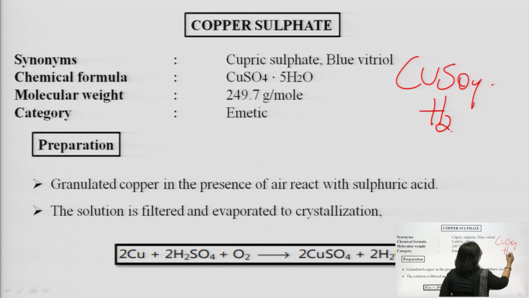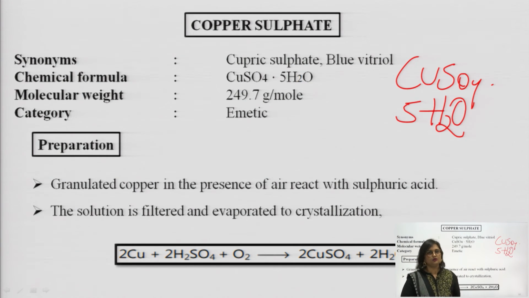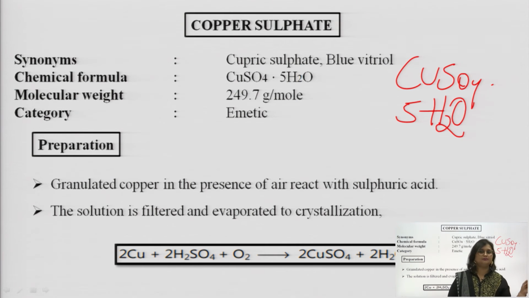It occurs in pentahydrate form, which is CuSO4.5H2O. The molecular weight of copper sulphate is 249.7 grams per mole. Copper sulphate belongs to the category of emetics.